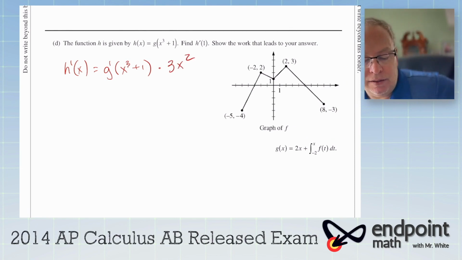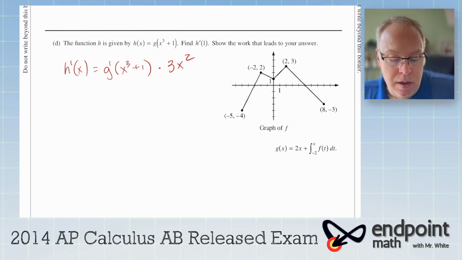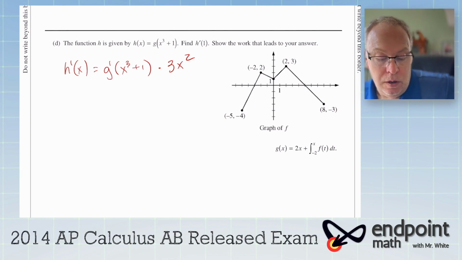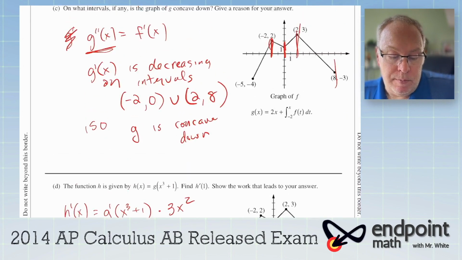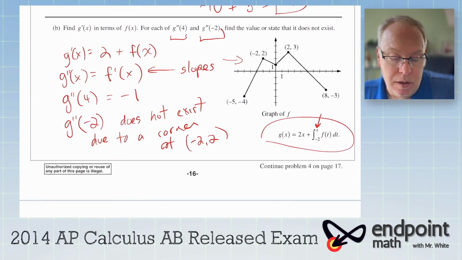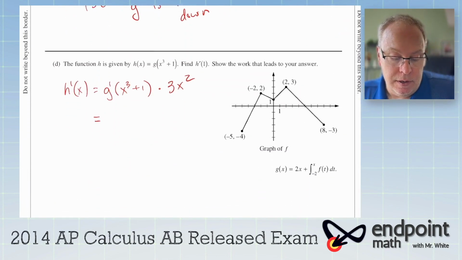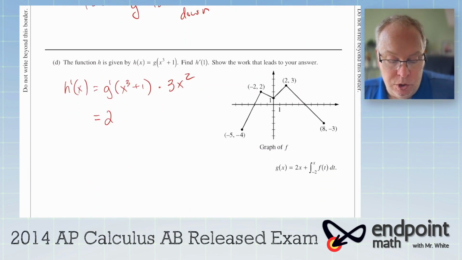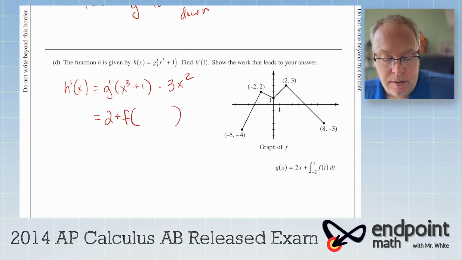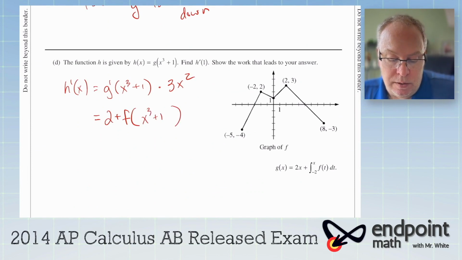That's that chain. That's that chain, okay? So g prime, remember up here? Let's go back up here. G prime is 2 plus f of x. So this would be 2 plus f of x to the third plus 1 times 3x squared.